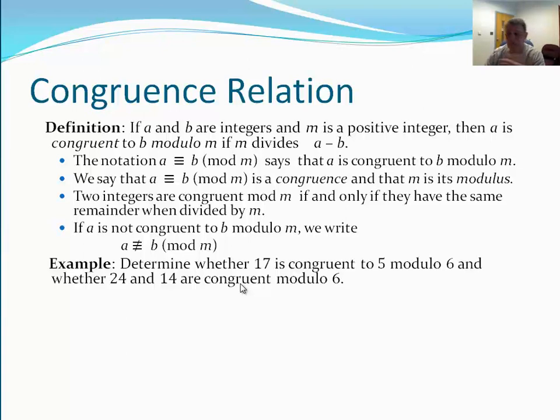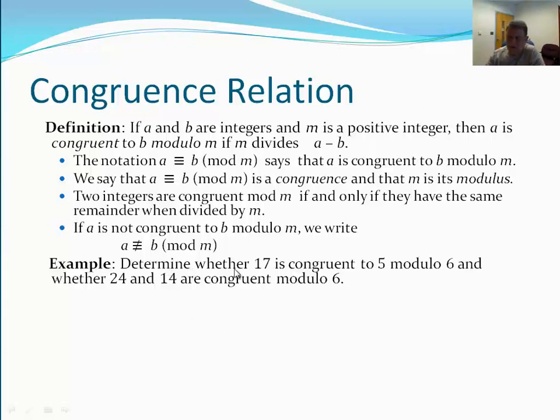As we said here, if a and b are integers and m is a positive integer, then a is congruent to b modulo m if m divides a minus b. Meaning you calculate a minus b, divide by m, and you get an integer, no remainder.